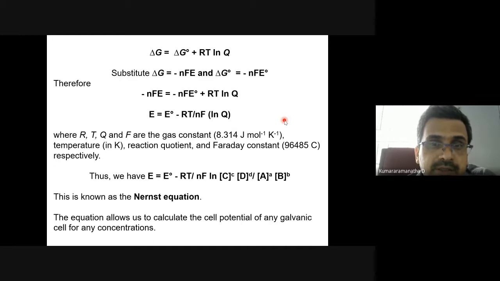The use of the Nernst equation is that we can calculate the cell potential of any galvanic cell at any concentration. Whatever the concentration may be, you can calculate the cell potential of a particular system.